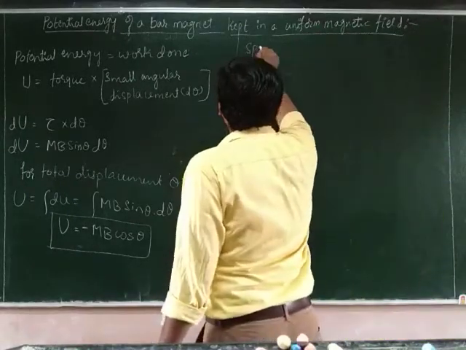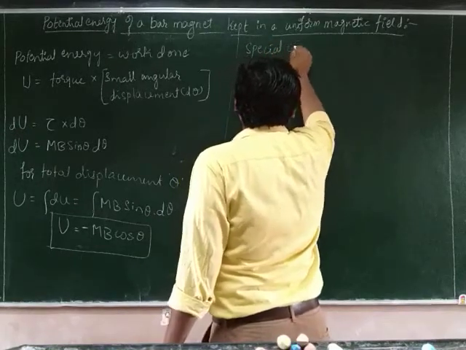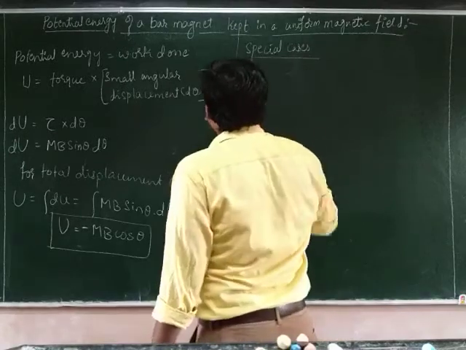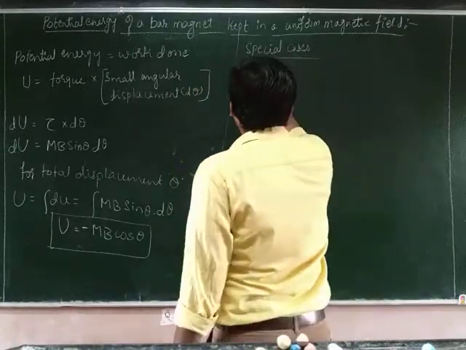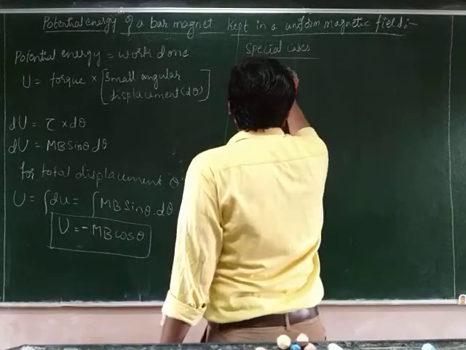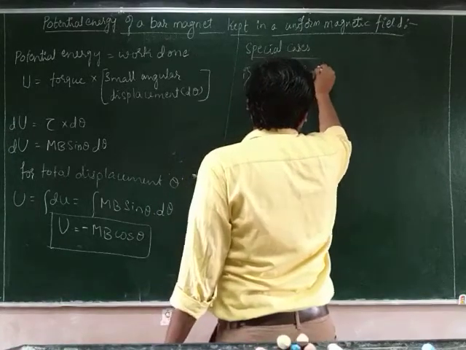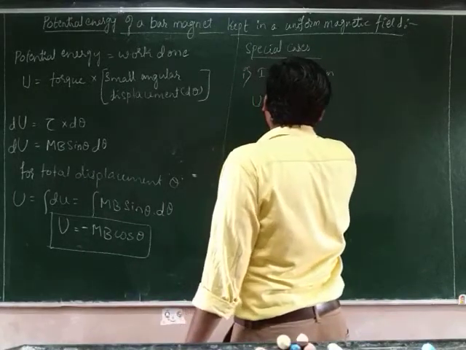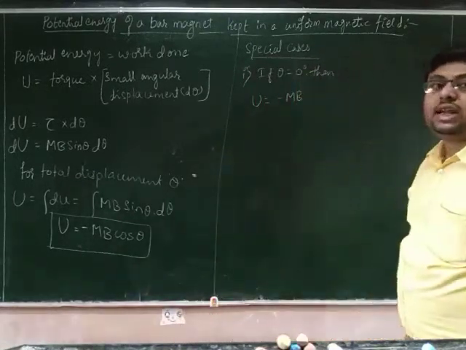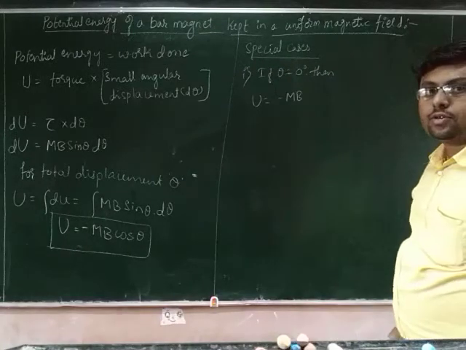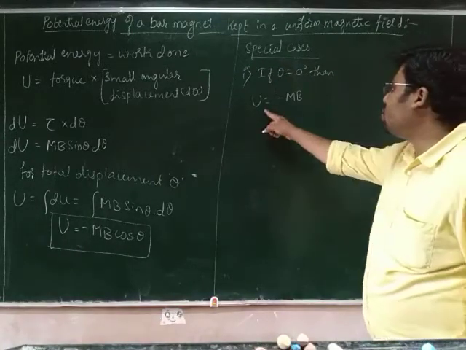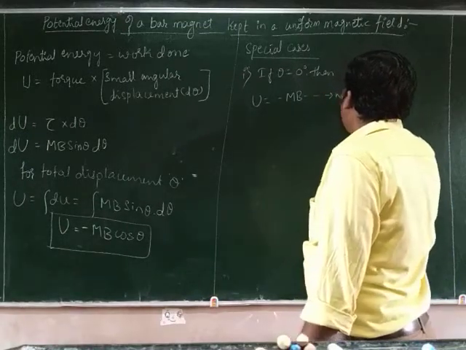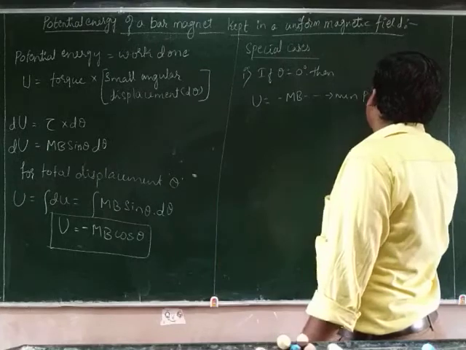So, in case 1, if theta is equal to 0 degree, then U is equal to minus mB cos 0. Cos 0 means how much? 1, right? So that will be minus mB. So this is the minimum potential energy.